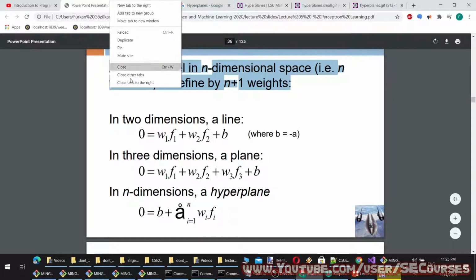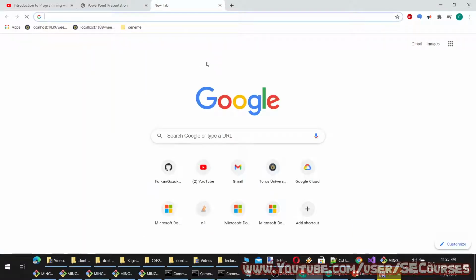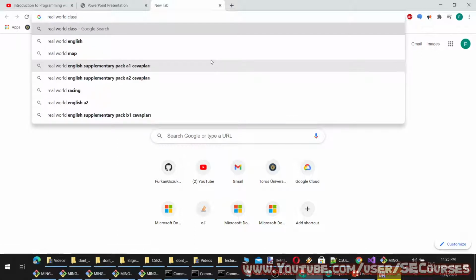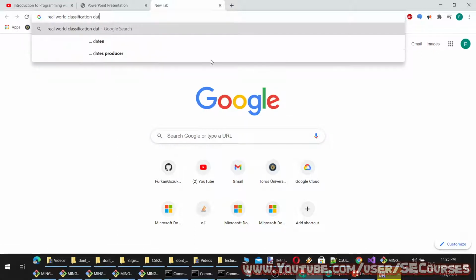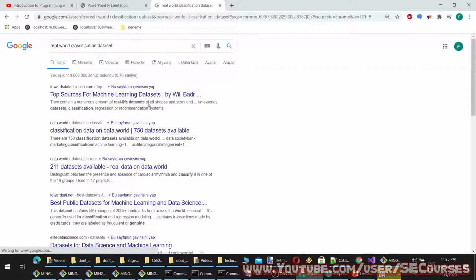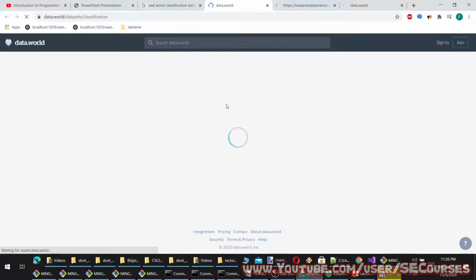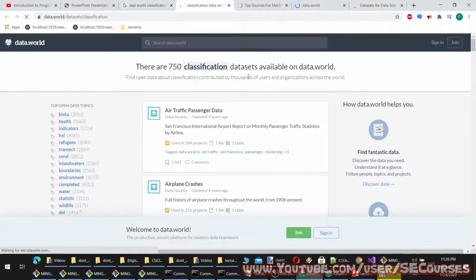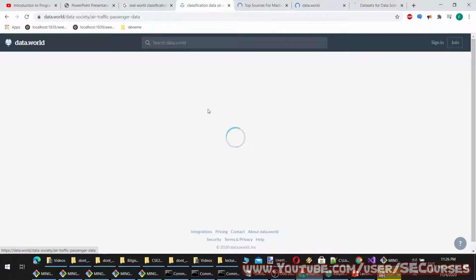Okay, so I will give you a real-world data example. There are websites that provide data sets. Air traffic passenger data, for example. Let's check it out.